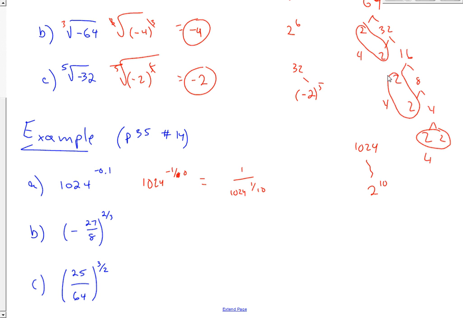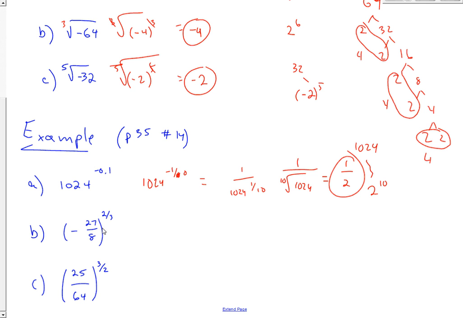I will get 10 2's like this. And this exponential value will then be the 10th root of 1024. So when I take the 10th root, knowing that 1024 is 2 to the 10th, I will get 1/2, because the 10th root of 1024 is 2.